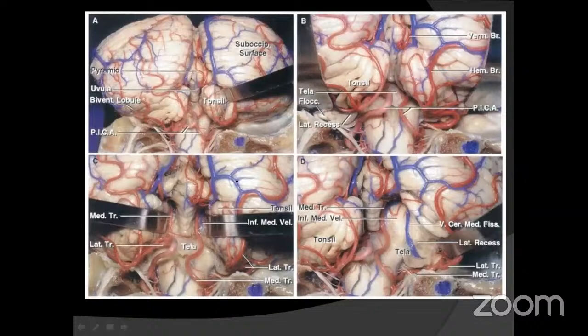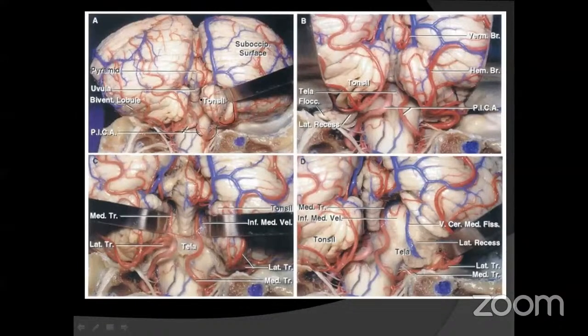As we can see here, we are going to do a step-by-step dissection as given by Rhoton. We can appreciate the two PICAs here, running laterally in the cerebellomedullary fissure. They run around the tonsil, making a caudal loop, then a cranial loop somewhere here.